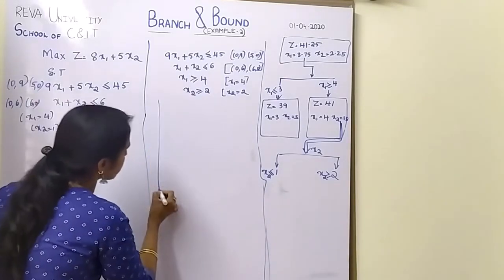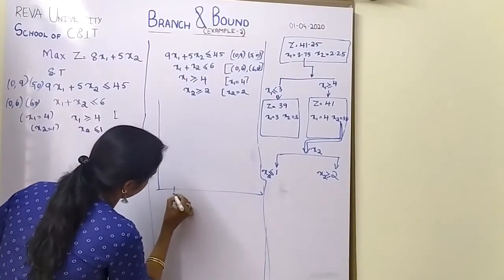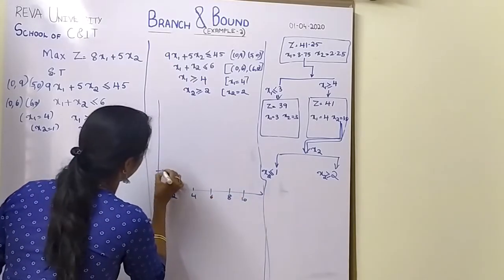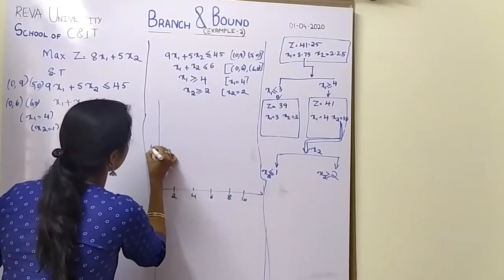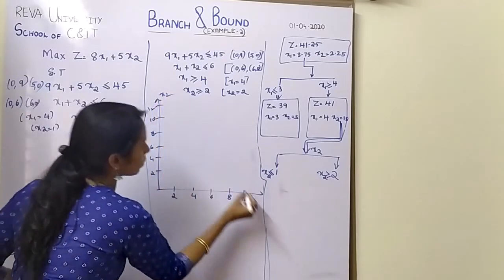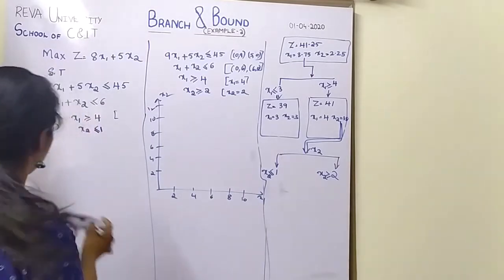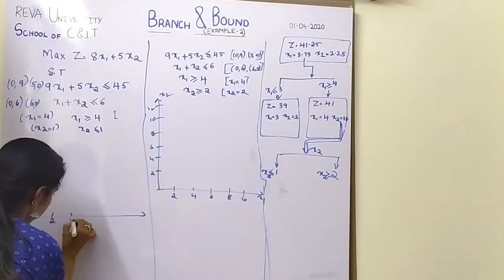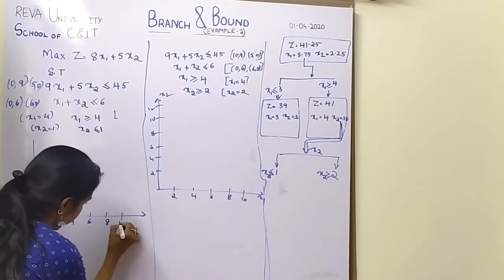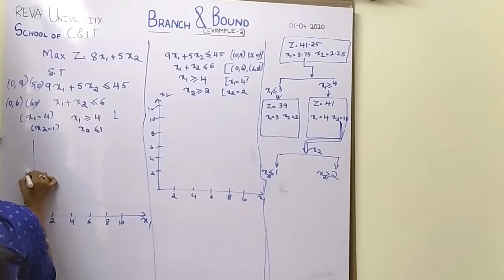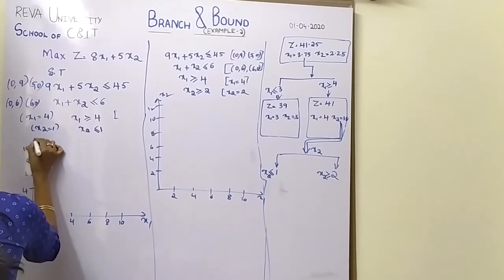Again solve this equation. Here 2, 4, 6, 8, 10, 12 on x2, and this is x1, again 2, 4, 6, 8, 10.